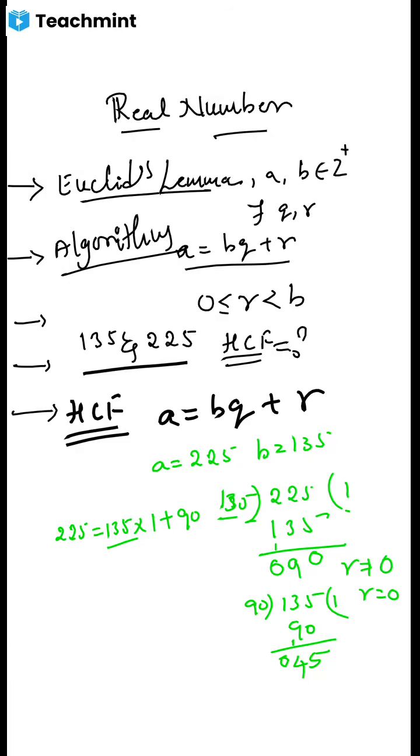So we can express this division in Euclid's lemma: 135 = 90 × 1 + 45.